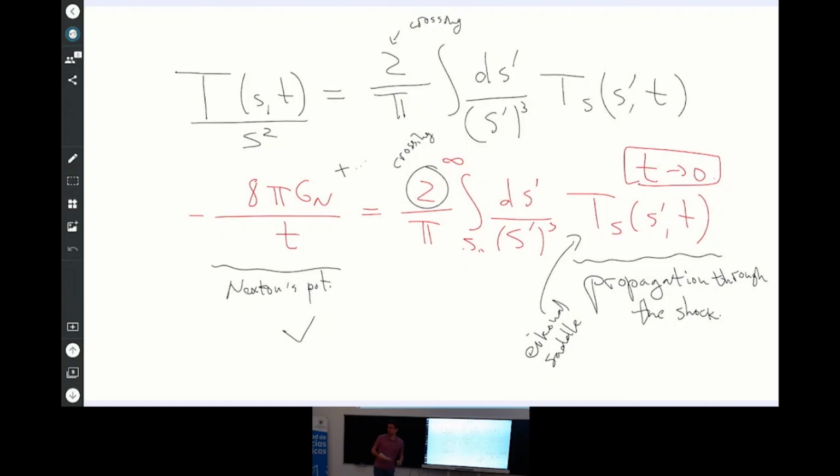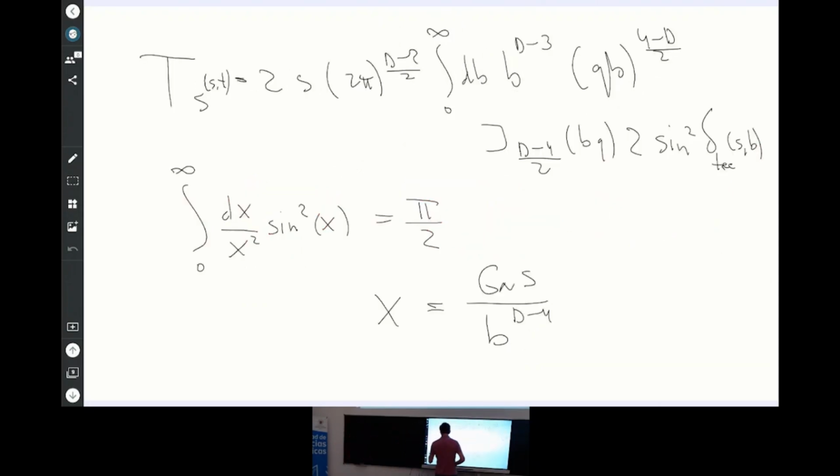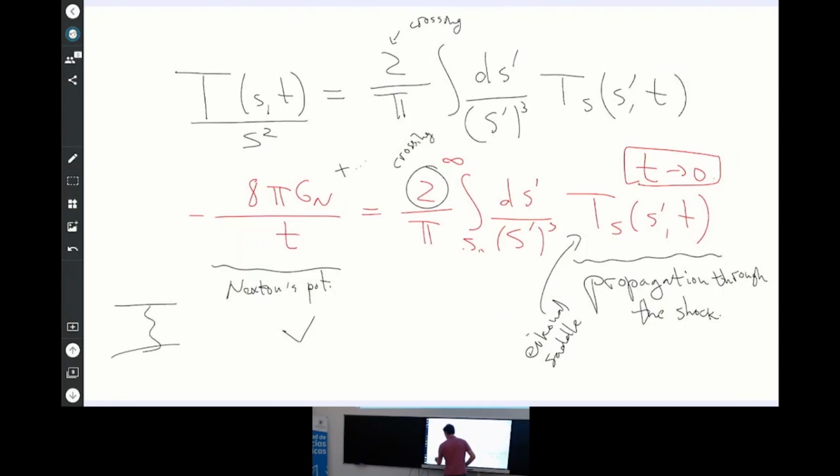Sorry, from a diagrammatic perspective, the eikonal is resumming some diagrams, and you're basically checking that the optical theorem works? Well, not really, because as I said, this is a pole, and this is a cut of some infinite sum.